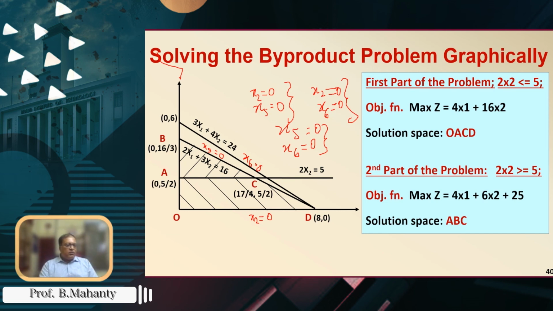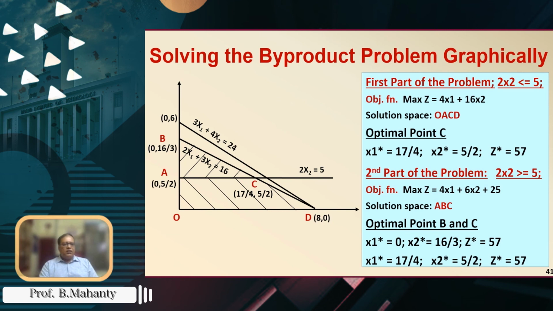So we are going to have an alternate optimal solution. It is a very interesting problem: one part has a degenerate point and the other part has an alternate optimal solution. So both are there.